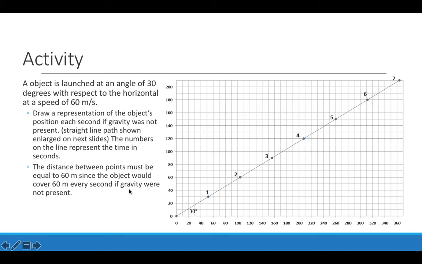So the distance between the points has to be 60 meters. Now I didn't draw them all in, but each of these needs to be 60 meters. And I'd have to figure out how to represent that on my graph. And I'd probably use a ruler if we were doing this in class, but just to show you this representation, this is what it would look like.